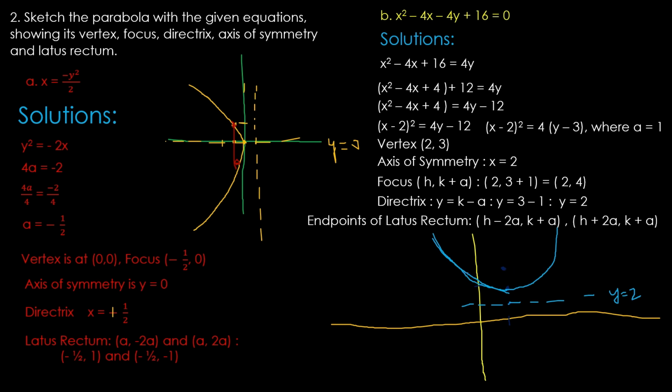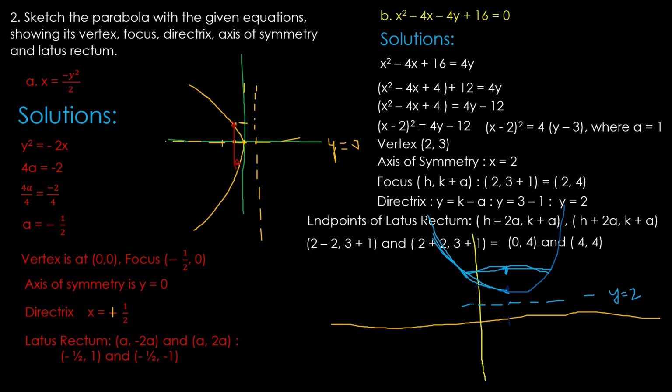So we have that as our graph, a rough sketch of our parabola for this one. And we have our latus rectum through the focus, with endpoints (0, 4), that's over here.